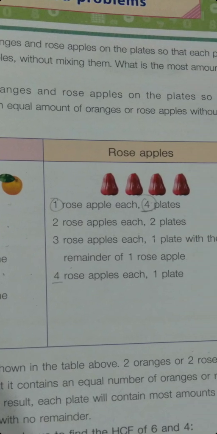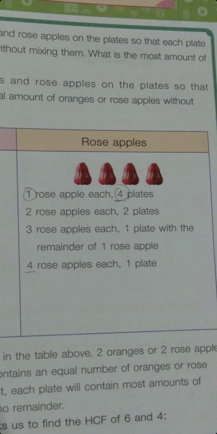And then how about the rose apples? 1 rose apple each is equal to 4 plates. 2 rose apples each is 2 plates. 3 rose apples each is 1 plate with the remainder of 1 rose apple. 4 rose apples each is only 1 plate.